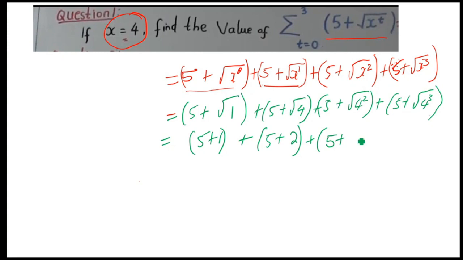So the square root of 16 is equal to 4. This is going to be equal to 4 plus, here you are going to have 5 plus 4 to the power 3.